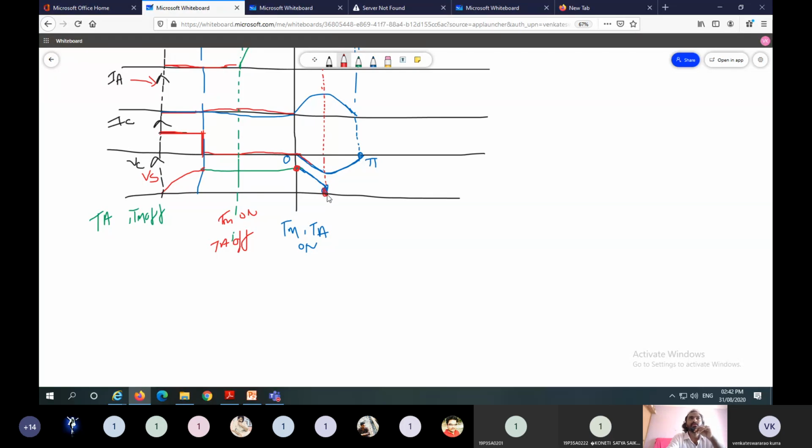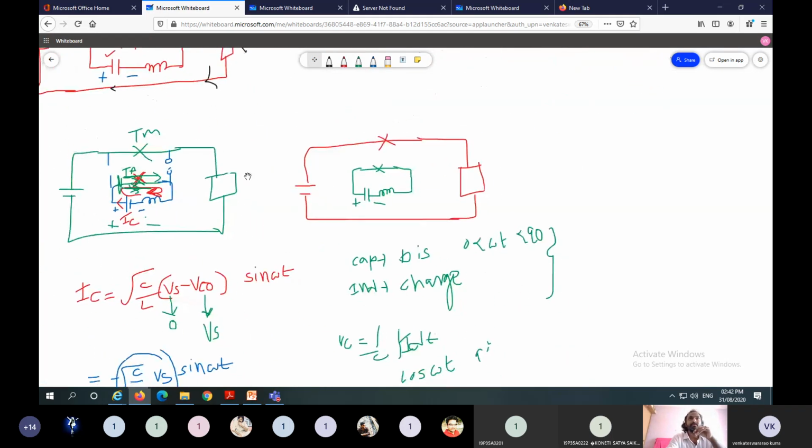Next, from this 90 degrees, which is pi by 2, to this one, which is pi: 90 degrees less than omega t less than 180 degrees. Once the capacitor completely discharges, the inductor starts charging. This one is the charging condition of the inductor.